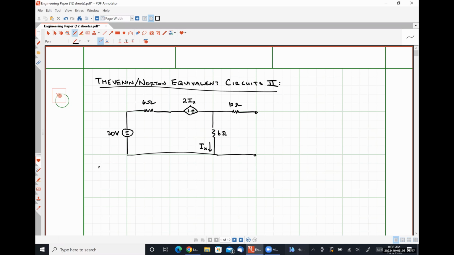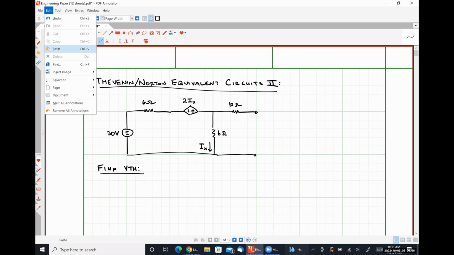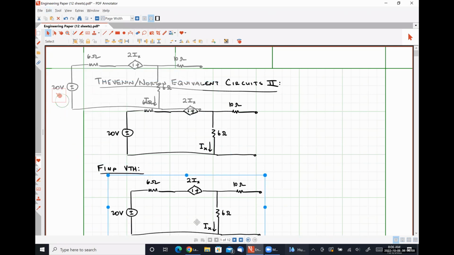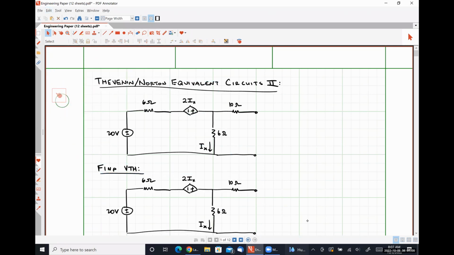So if we wanted to find VTH for this circuit, what would we do? And we're finding it between the open circuit terminals on the right-hand side, and let's assume that our positive polarity reference is on top, okay?